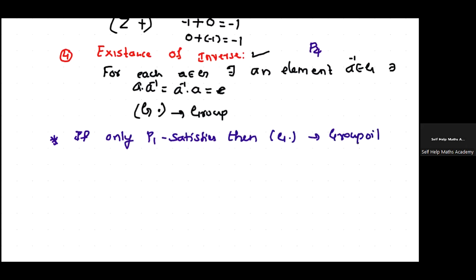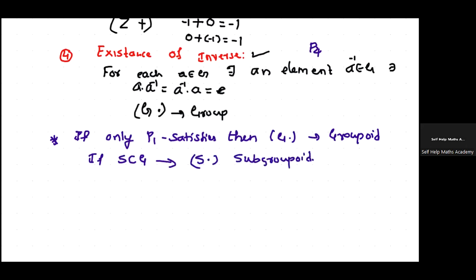If only P1, that is the closure property, is satisfied, then we call it a groupoid. And if a subset, say S, of G also satisfies only the P1 property, then we call S with dot a subgroupoid. Okay, so this is one thing.